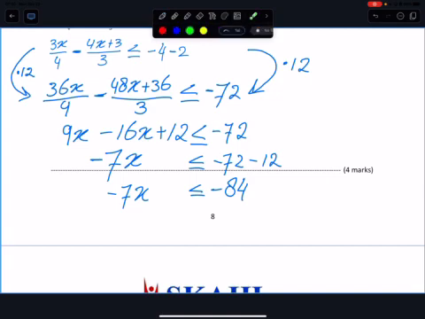And now comes the special point. Dividing by a negative in an inequality, your sign switches. Becomes, this is 12. 12. And there we have the answer to C.